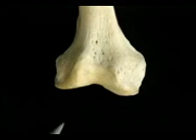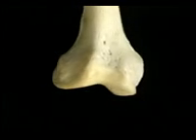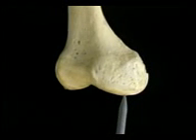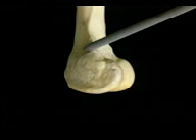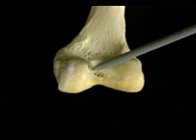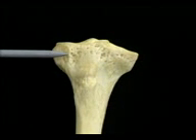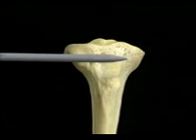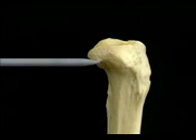On the femur, here's the lateral condyle and epicondyle, the medial condyle and epicondyle, the adductor tubercle, and the intercondylar notch. On the tibia, here's the lateral condyle, the medial condyle, the tibial tubercle, and the facet for the fibula.